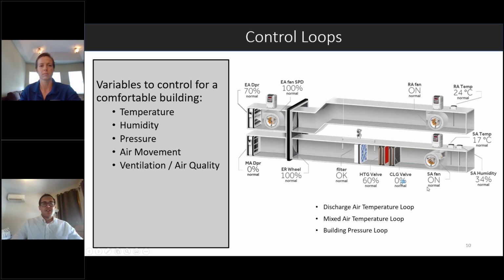But there's a little bit more going on with this air handler. You may want to be bringing back some mixed air, in which case you have outside air coming in, return air coming back.